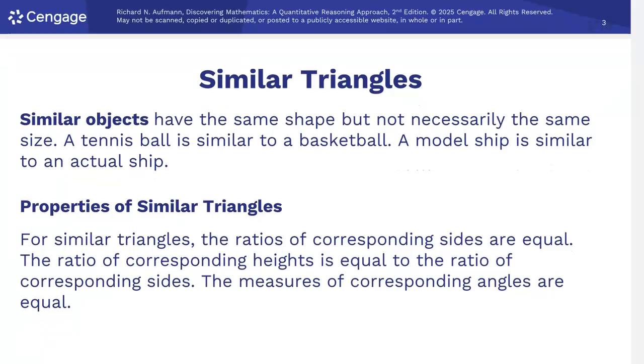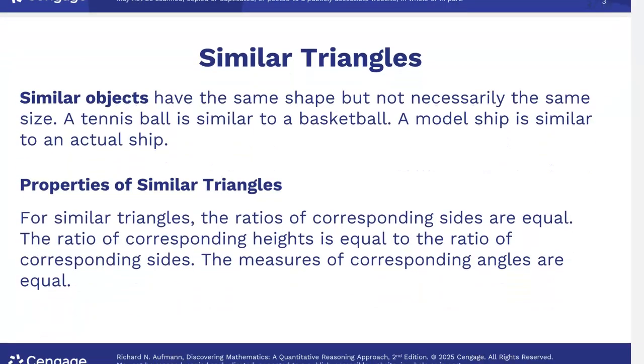When we talk about similar triangles, we're talking about triangles that have the same shape, but not necessarily the same size. And when you hear shape, I want you to think about same angles.